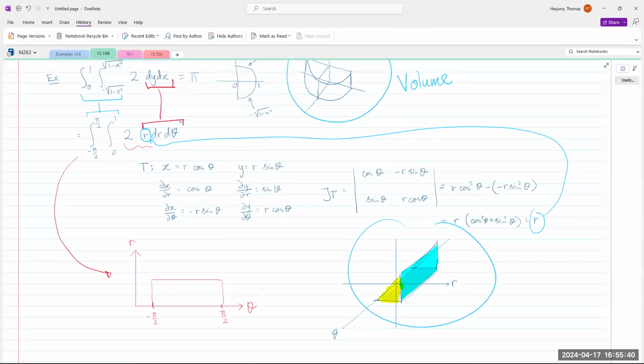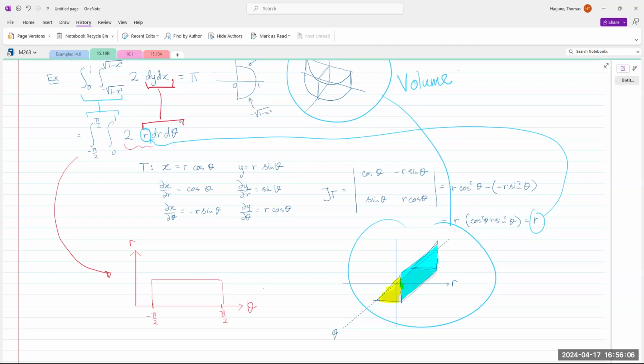The same volume. In other words, when we do change of variables, we deform, or to be more precise, we change the form of the solid in a way that is more manageable. But when we change the form, of course, we need to be very careful.